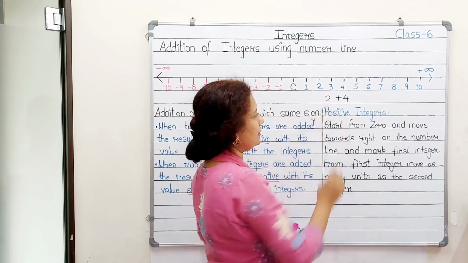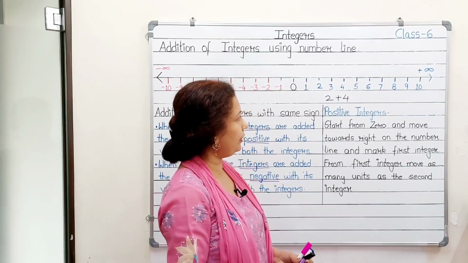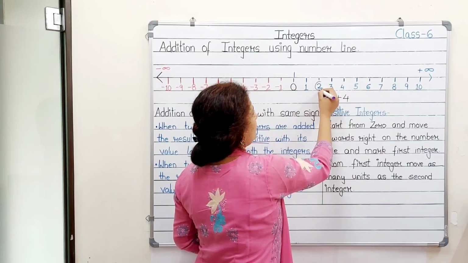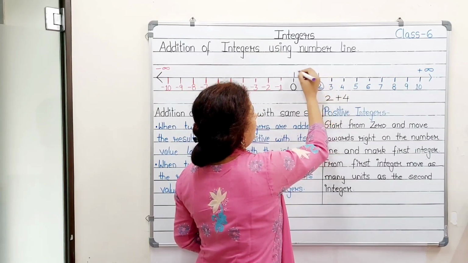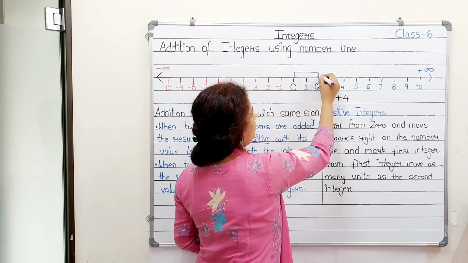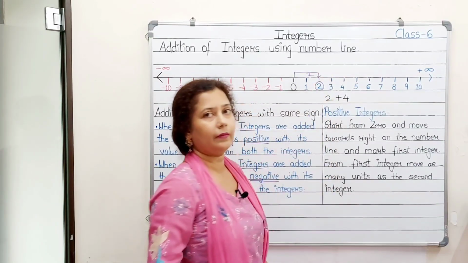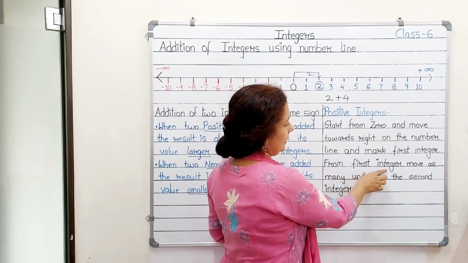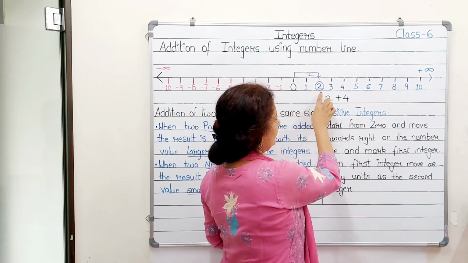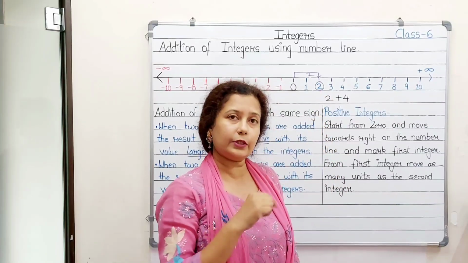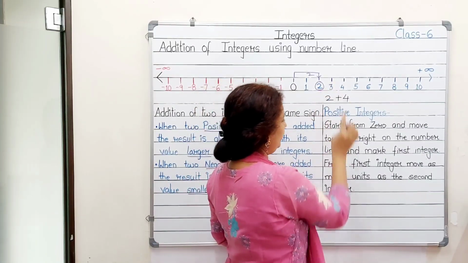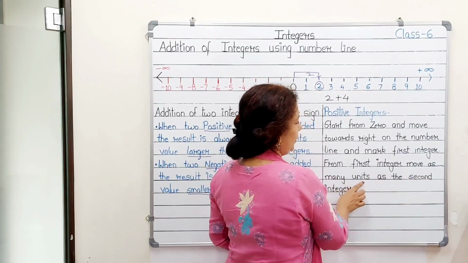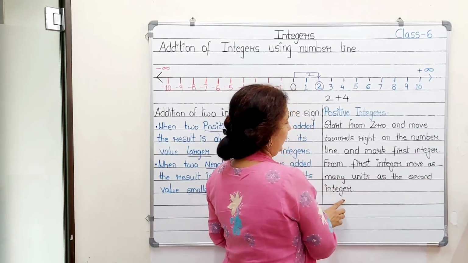Here the first integer is 2. So we are moving on the right side from 0 and we will mark the first integer, that is 2. Next, from the first integer which we have marked here, that is 2, move as many units as the second integer.